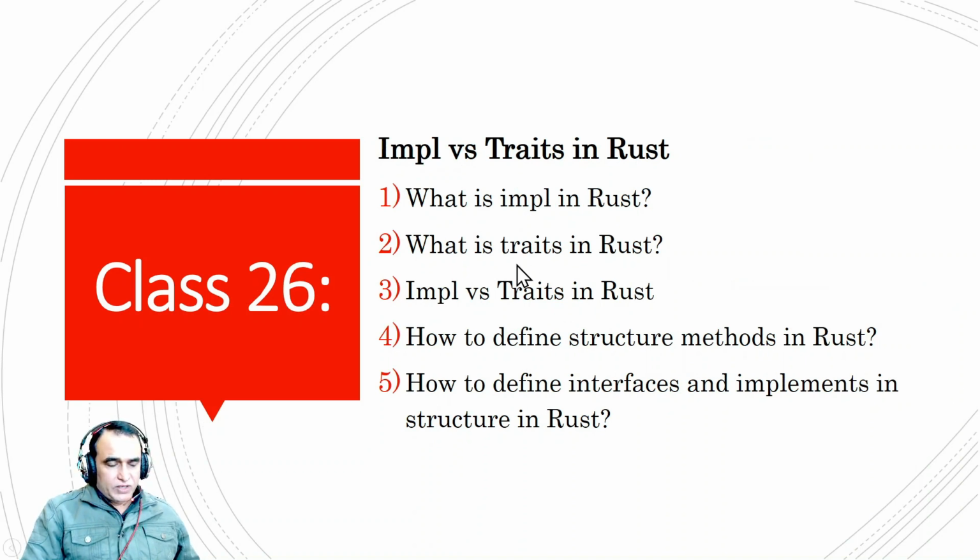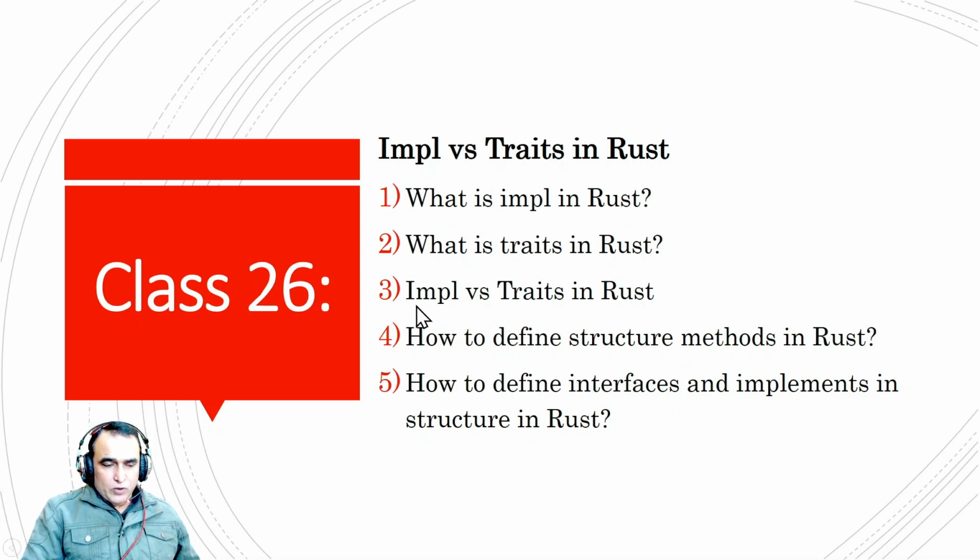And what are traits? So traits are like interfaces we have in Java and other programming languages. So we define interfaces by using traits, and those interface methods we can implement later on in a structure, that we use traits for.